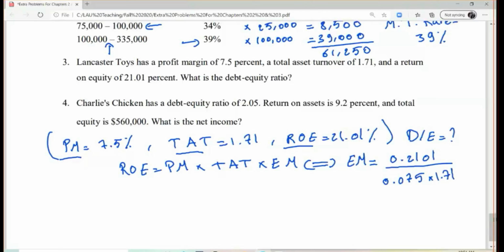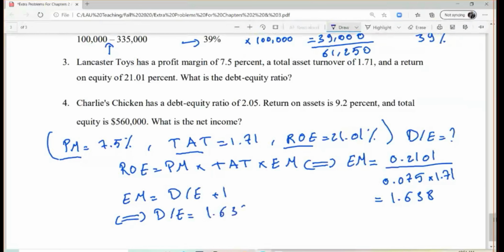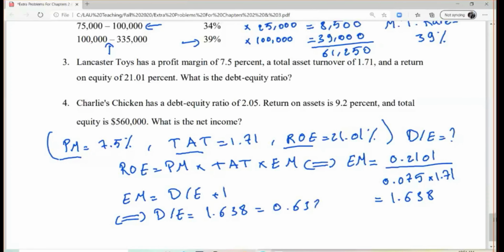So the equity multiplier is 1.638. Now the equity multiplier equals debt to equity ratio plus 1. This means debt to equity ratio equals equity multiplier minus 1. And the answer here is 0.638.